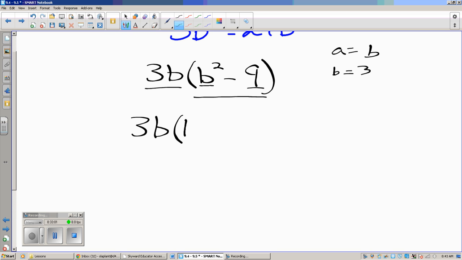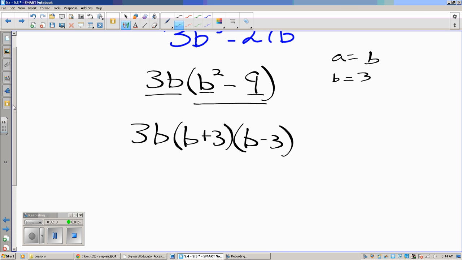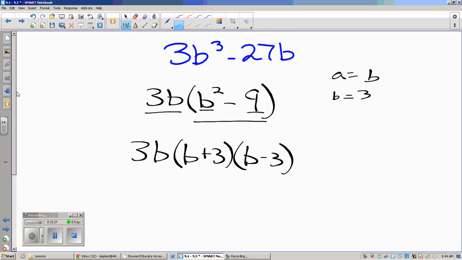So we have b plus 3 times b minus 3. If I multiplied this all out, 3b times b plus 3, and then multiplied it times b minus 3, I would get 3b cubed minus 27b. And it's just working in opposite order.